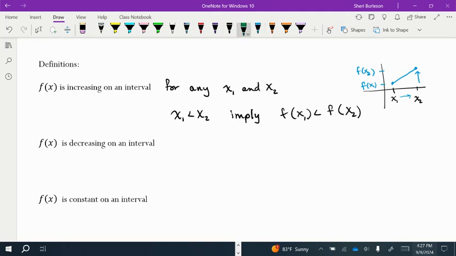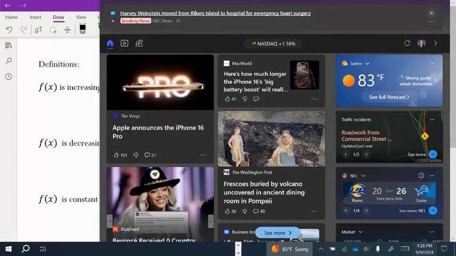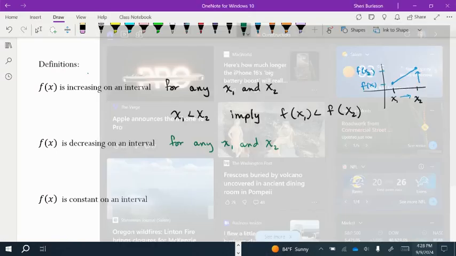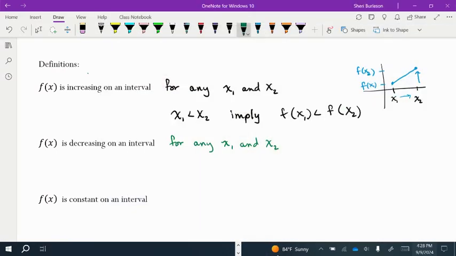Then a function is decreasing, again, for any x sub 1 and x sub 2 on the interval, when I know that x sub 1 is less than x sub 2. So again, that same notation as before, that means I'm moving from left to right.